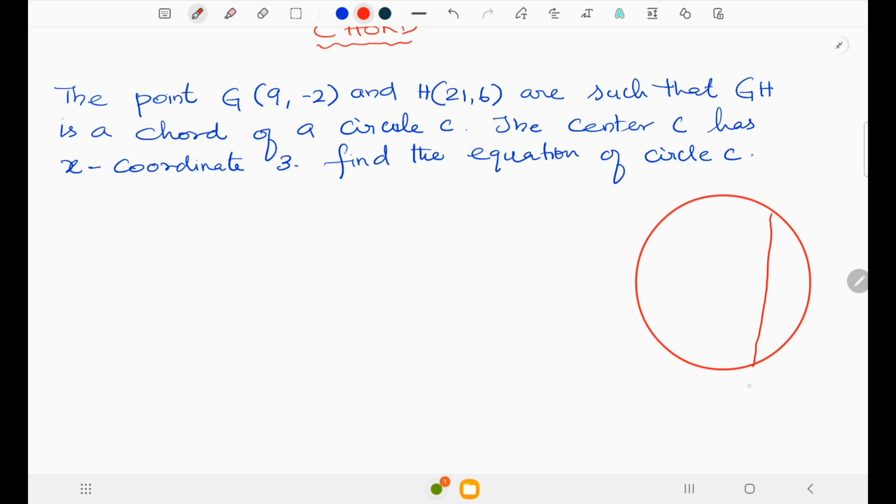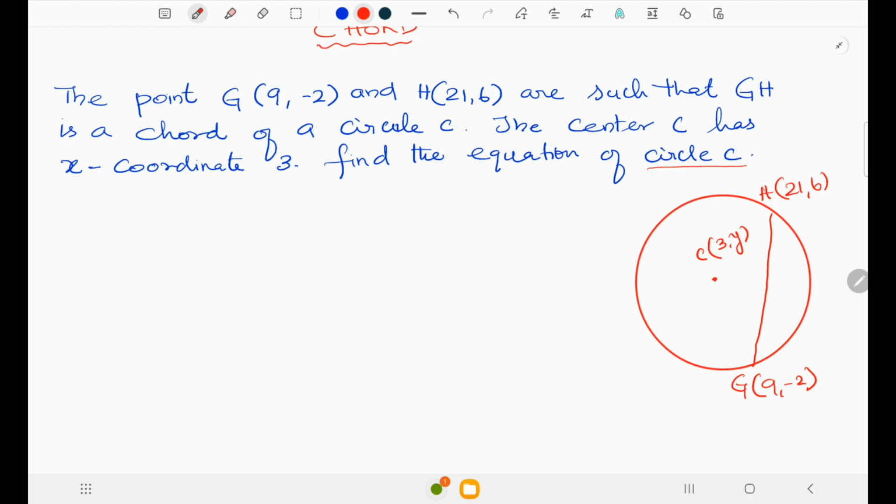The points are G and H. H has coordinates (21, 6) and G has coordinates (9, -2), and there is a center C. For the center, only the x coordinate is given as 3 and the y is missing. We need to find the equation of the circle.